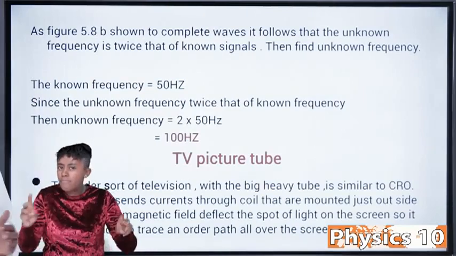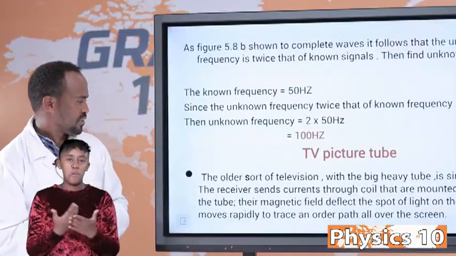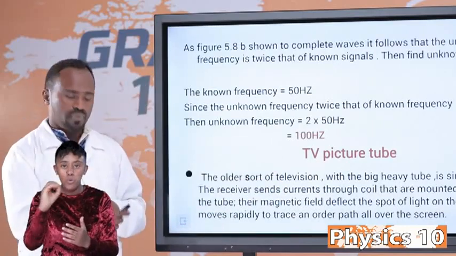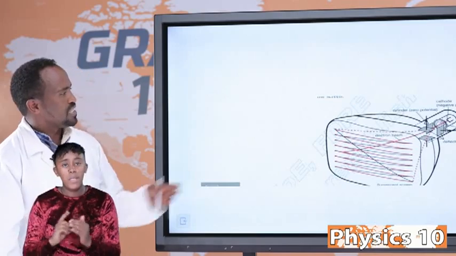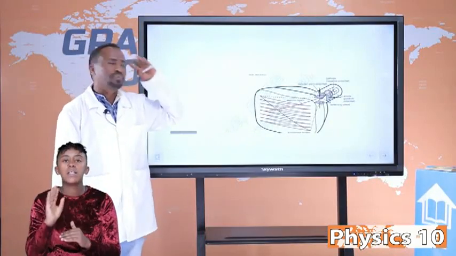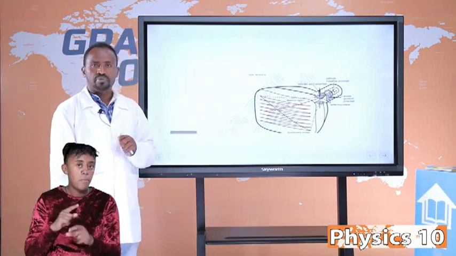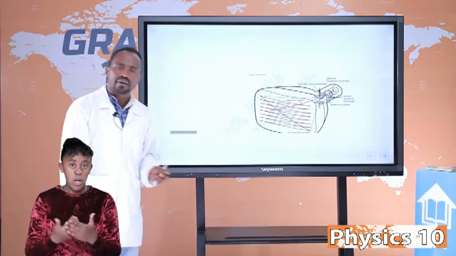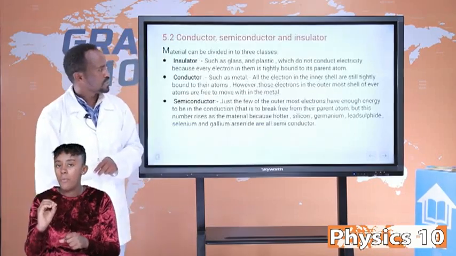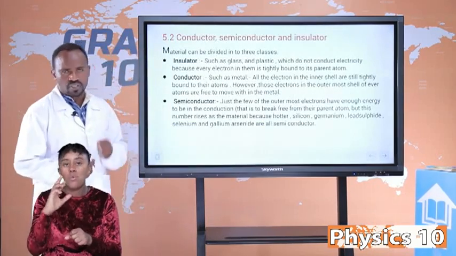It is very big compared to the modern one. Therefore, this is the function done by the cathode ray oscilloscope. This is the TV you saw in the past, but the modern one is not like this.